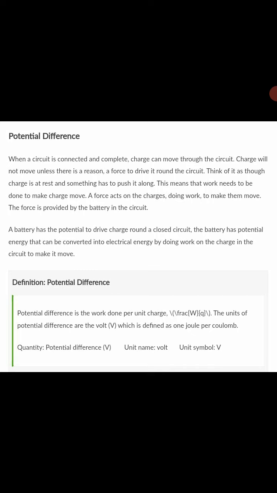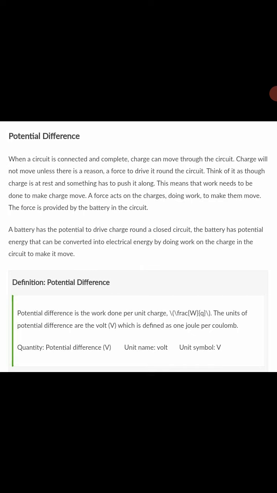The battery also has potential energy that can be converted into electrical energy by doing work on the charge in the circuit to make it move. So when that force acts, the potential energy in the battery is converted to electrical energy when the charge begins to move around the circuit.